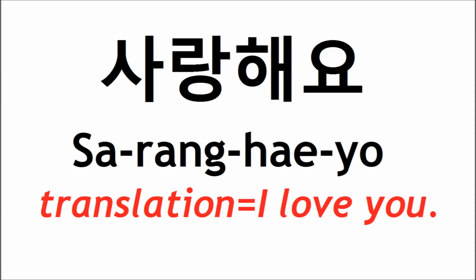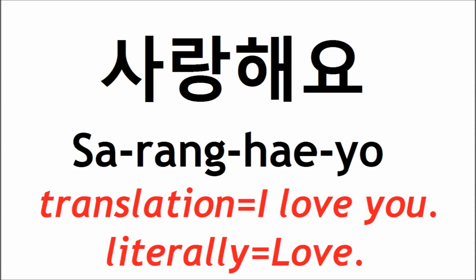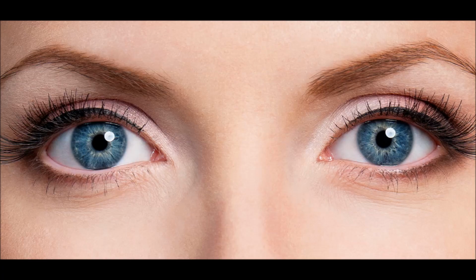So which part of that is the I, which part is the love, and which part is the you? Well, there is no I or you in this sentence. The word 사랑해요 just means love. And the fact that I am looking at you while I say it is all that is needed to let you know that it is me who loves you.